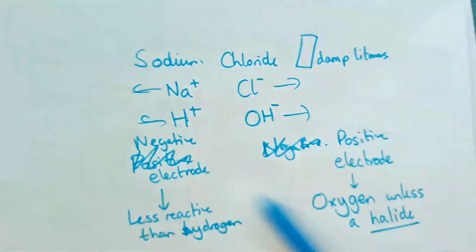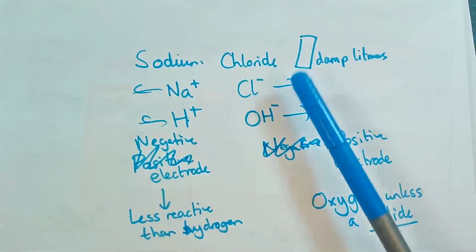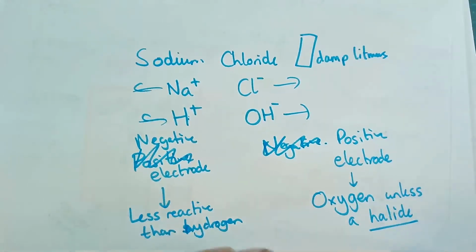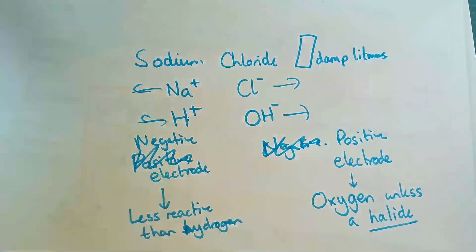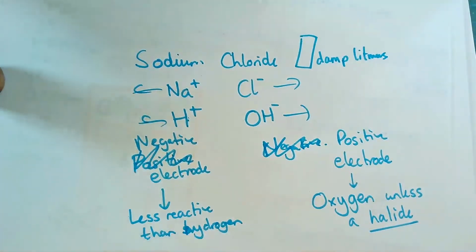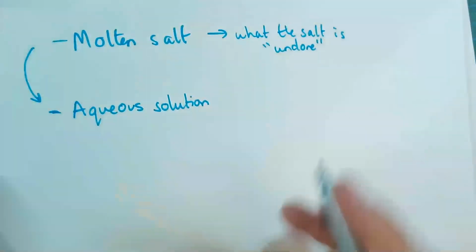So the rule here is if it's group 7, so there's a halide, it makes that. Otherwise, just go with oxygen. That's the second rung on the electrolysis ladder.